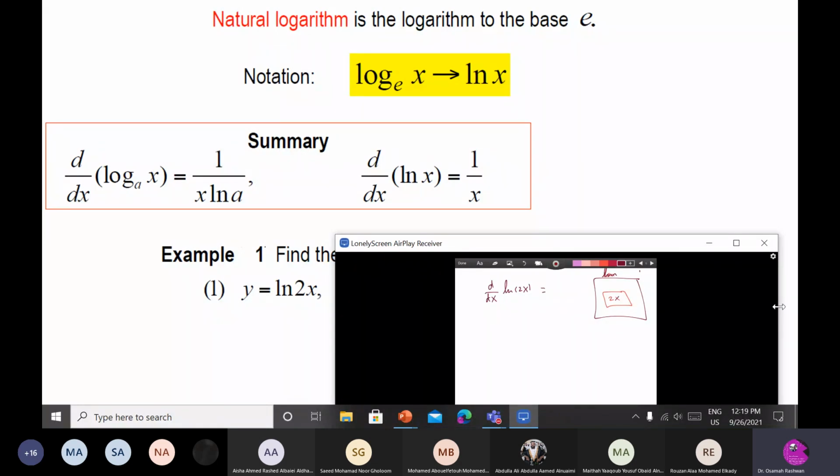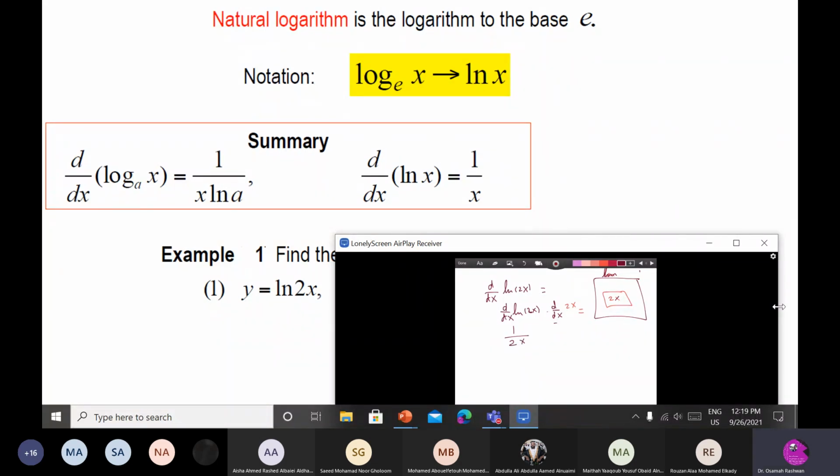So first, I will use the chain rule to have the derivative d by dx of ln 2x. Then I multiply by the derivative of the small box, which is 2x, right? Now, what is the derivative of ln? It is 1 over, sorry, 2x.